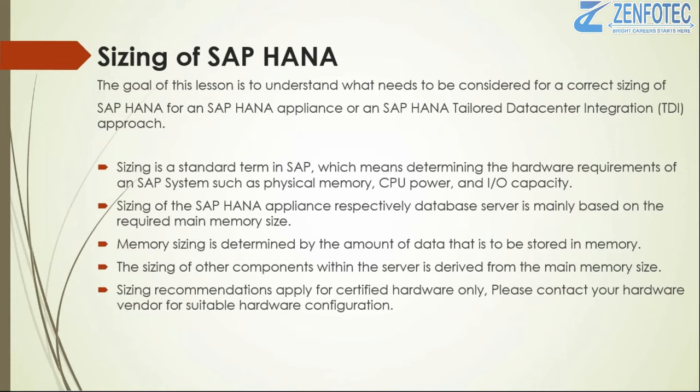If you're going for the appliance, then we do the sizing for the memory, and the other components like CPU and disk are automatically derived from your main memory. That is done by the certified hardware vendors. Appliance is nothing but SAP providing the hardware with a pre-installed HANA database. In that case, we only have to give the memory requirements.